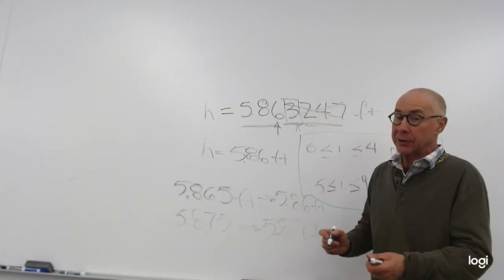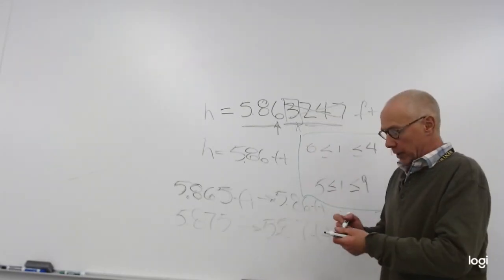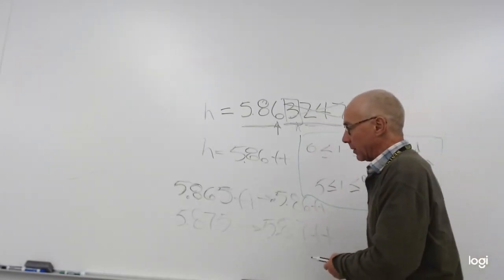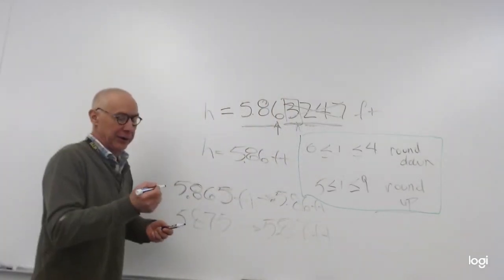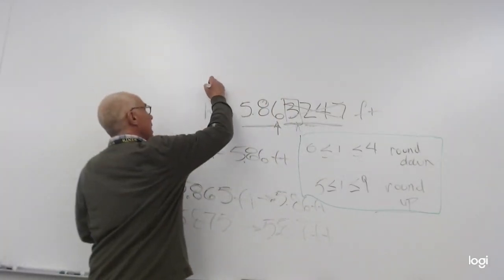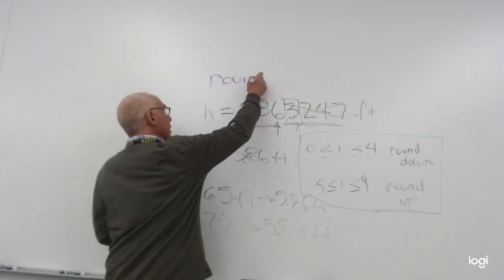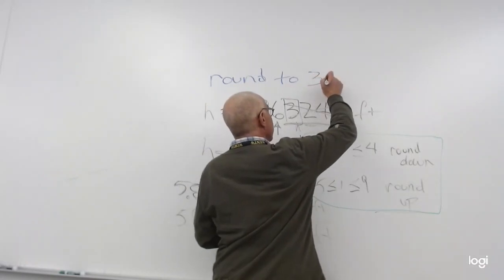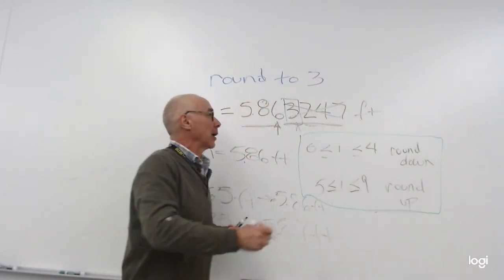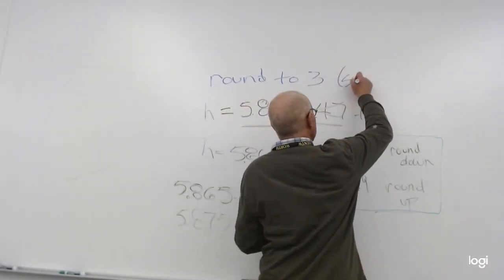Just remember that in this class, almost all the results will be to 3 significant figures. So as a common general rule, round to 3, and sometimes 4 significant figures.